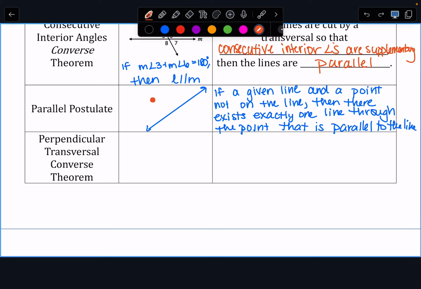Okay, and then I feel like this is another one. If two lines in a plane are perpendicular, okay, so I have two lines in a plane that are perpendicular. That's what's happening right now.